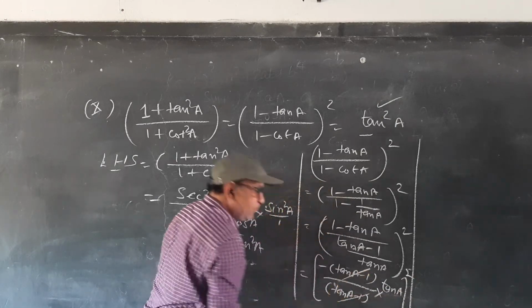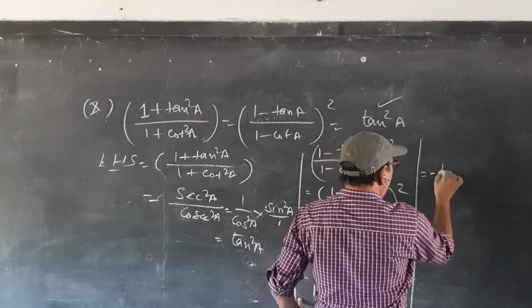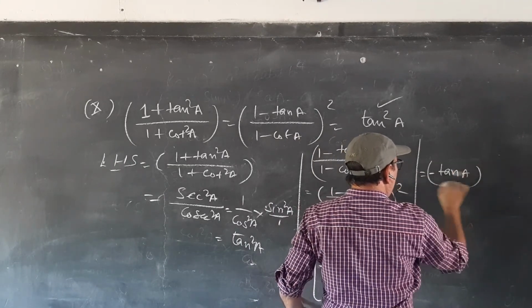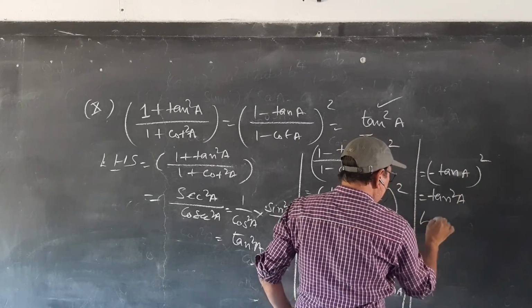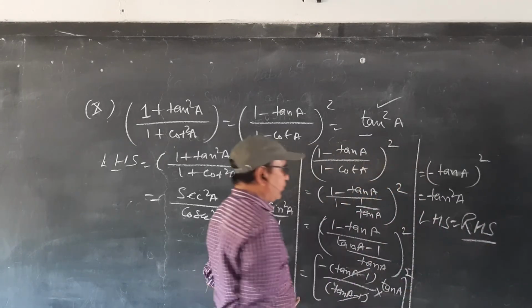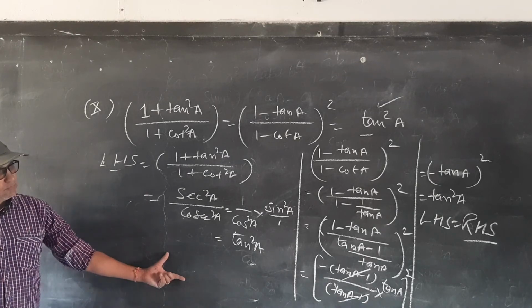The common factors cancel, so minus tan A whole square equals tan square A. That's why LHS is equal to RHS. Hence proved. Clear?